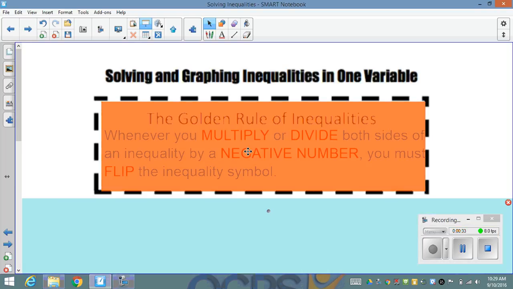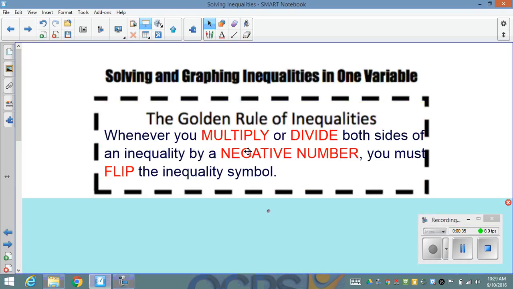Okay, so first of all, we have our golden rule of inequalities. I want you to write this down and I want you to really think about and remember it. Whenever you multiply or divide both sides of an inequality by a negative number, you must flip the inequality symbol. Other than that, solving an inequality is exactly the same as solving a linear equation.